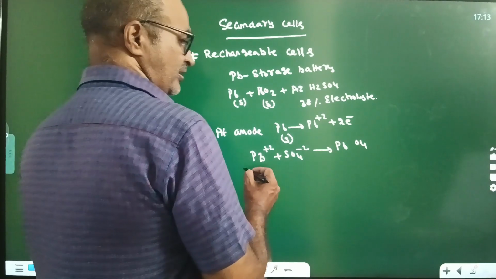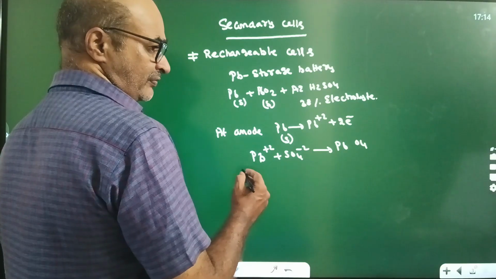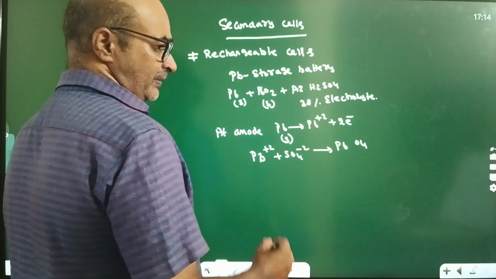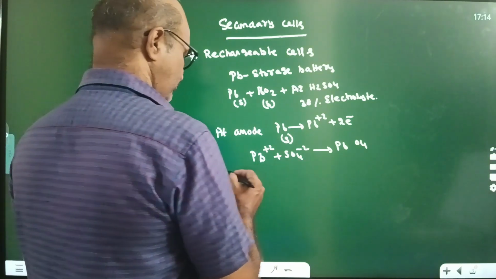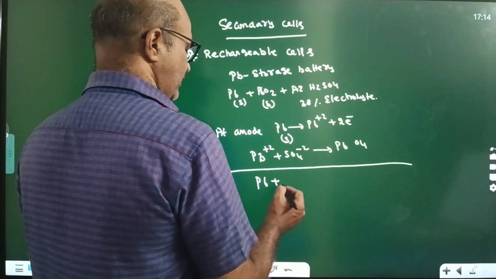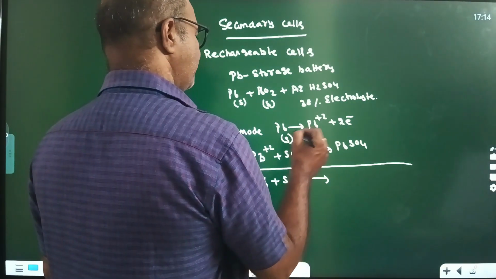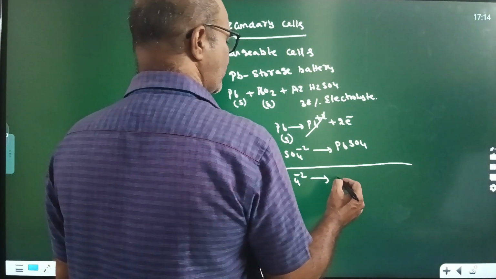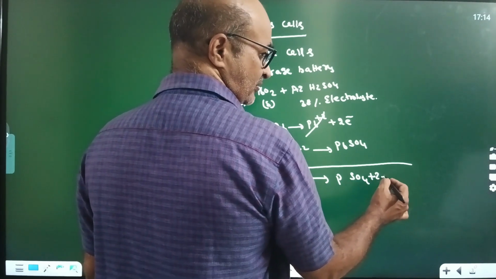So the resulting equation: Pb plus SO4 2- gives rise to PbSO4 plus 2 electrons.